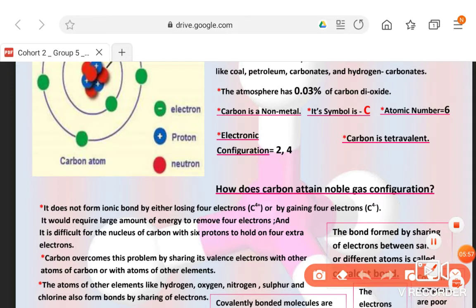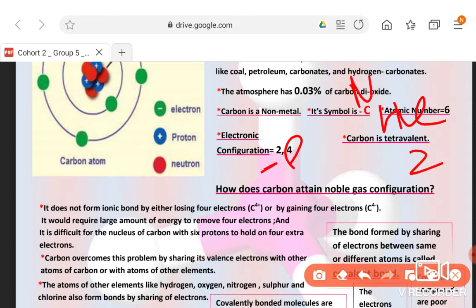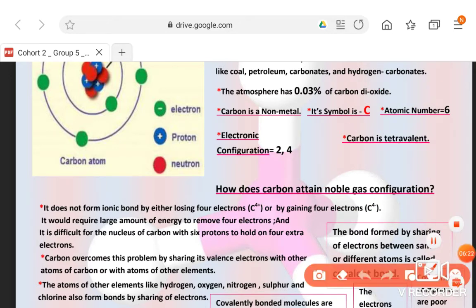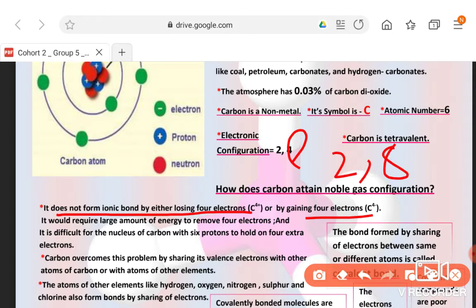Either it can lose 4 electrons so that it becomes like helium containing only 2 electrons in the first shell, which is a complete shell, or it wants to have 8 electrons so that its outermost shell is complete. So either it can lose these 4 electrons or gain 4 electrons to complete its octet.